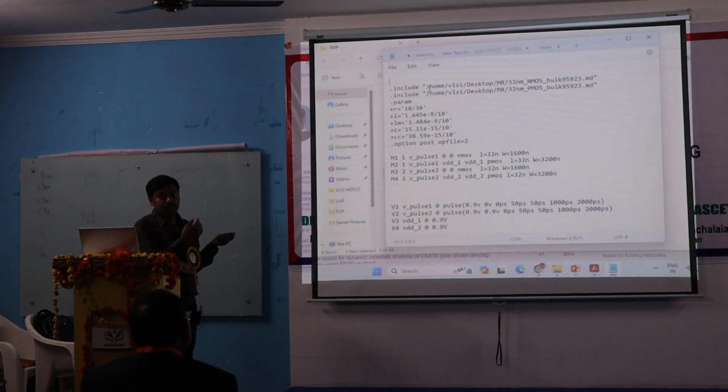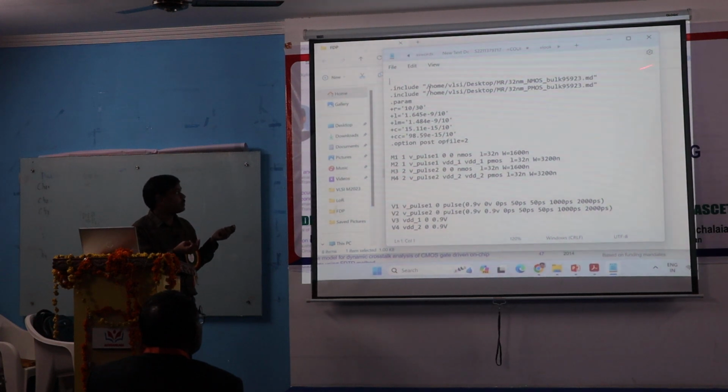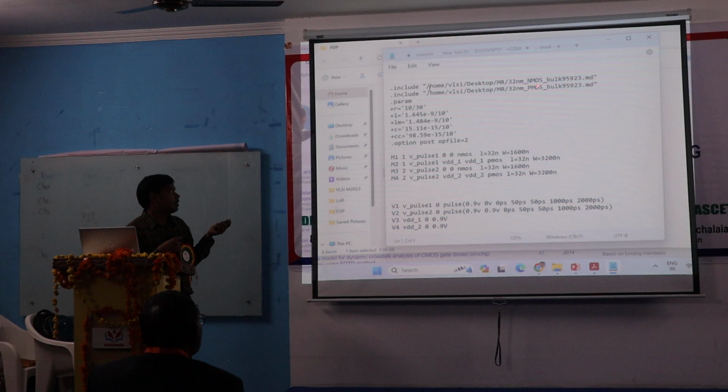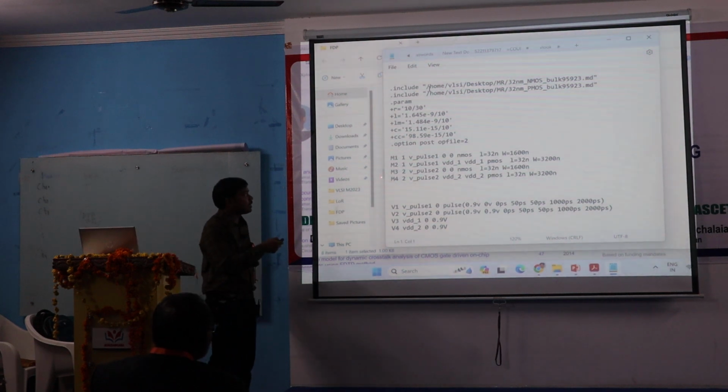Because you are talking about the CMOS inverter, you need to include the NMOS model library file and the PMOS model library file, because MOSFETs can be designed at different technology nodes. I inserted the 32 nanometer technology here. You can use any technology node, it doesn't matter. Then you define the RLC parameters, and this is the way of writing the SPICE netlist.